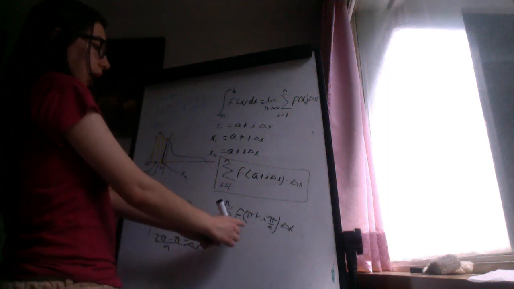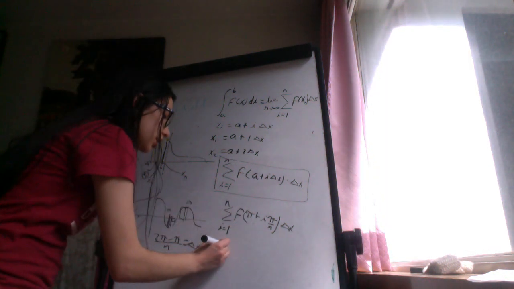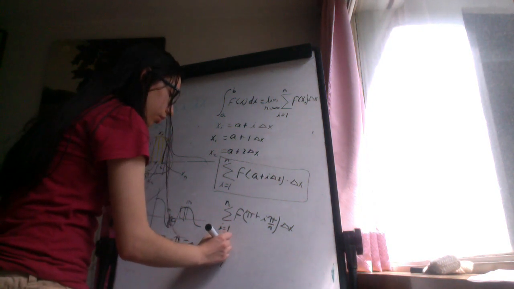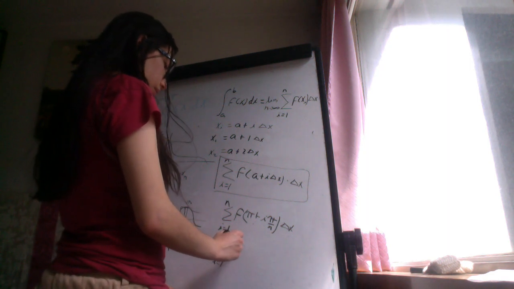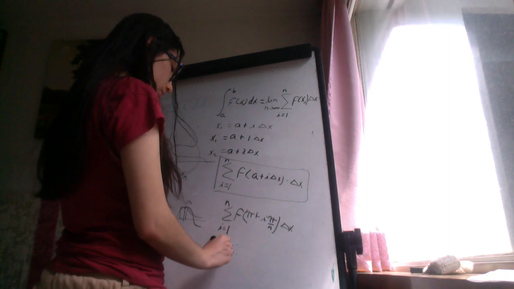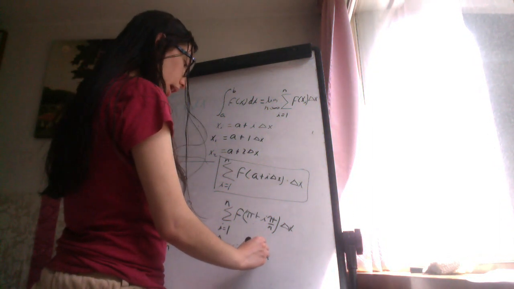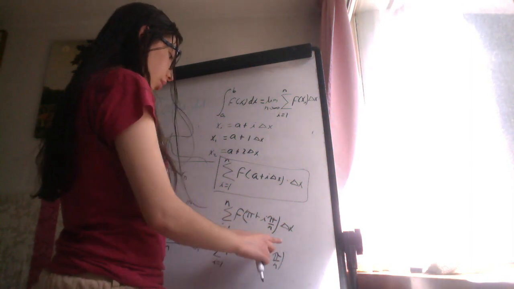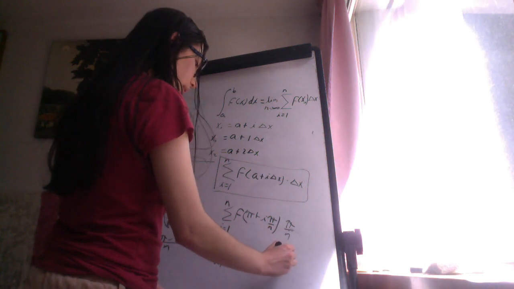Now what's f? F is cosine x. So this is the summation from i equals 1 to n of cosine of pi plus i times pi over n, times delta x, which is pi over n.